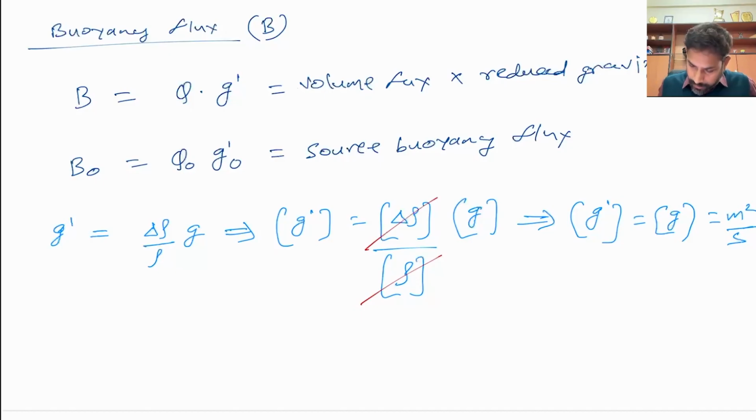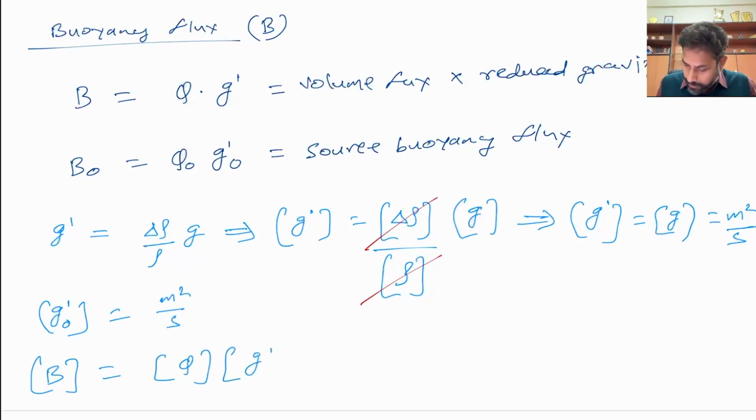All right, and now we can also define the same thing. g prime and g prime naught will have the same dimension, so g prime naught is basically the same, meter per second squared. And in the same way we can define B, which is Q times g prime. So Q has the dimension of meter cube per second, and g prime is meter per second squared.